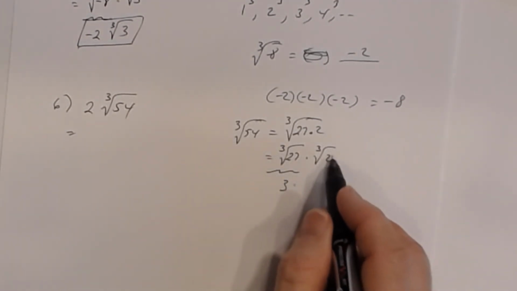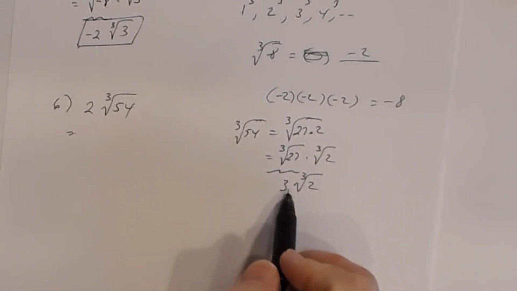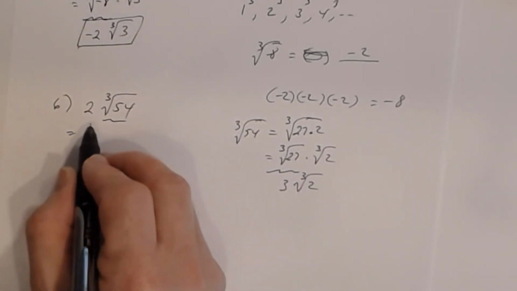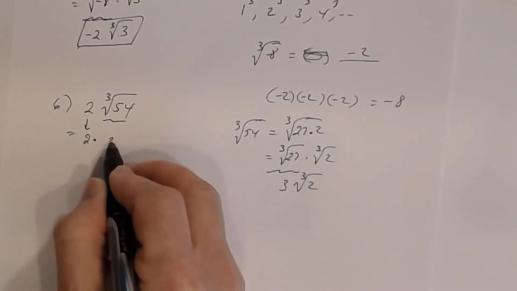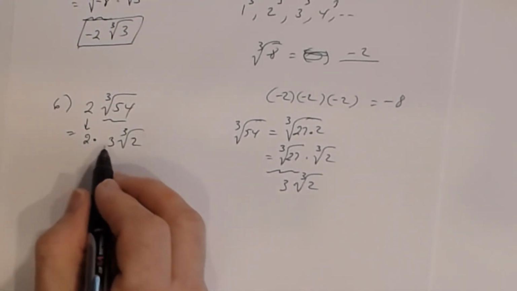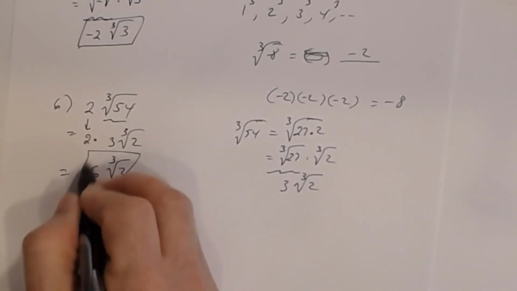The only perfect cube that goes into 2 is 1, so I cannot simplify that further. So look what I get. I get 2, bring down the 2, times 3 cube root of 2. 2 times 3 is 6, so the answer will be 6 cube root of 2.